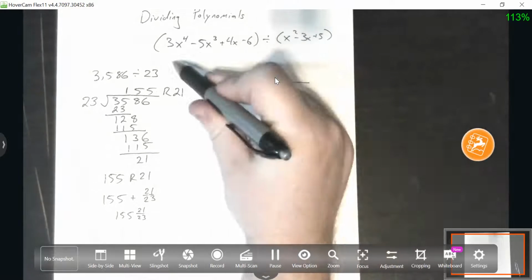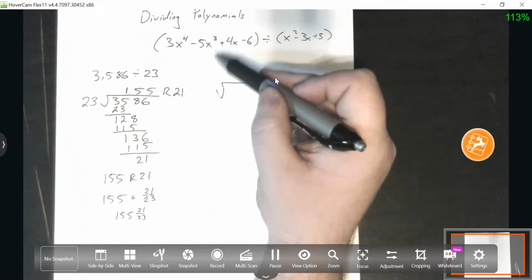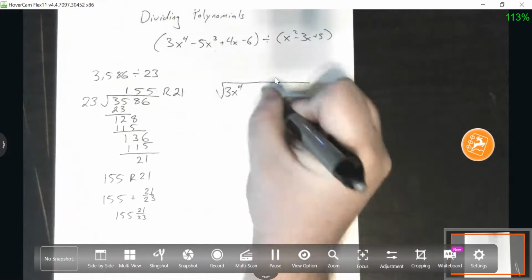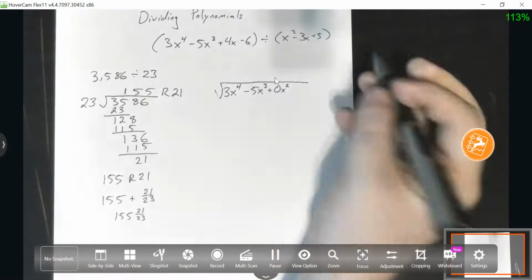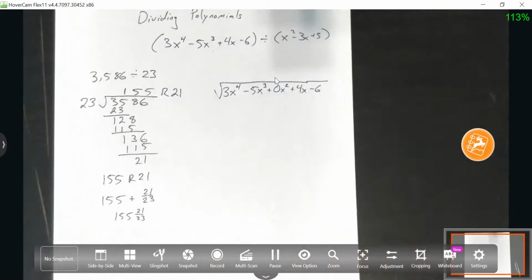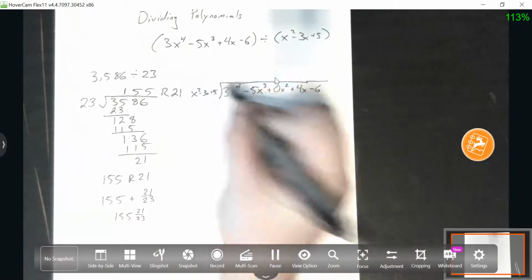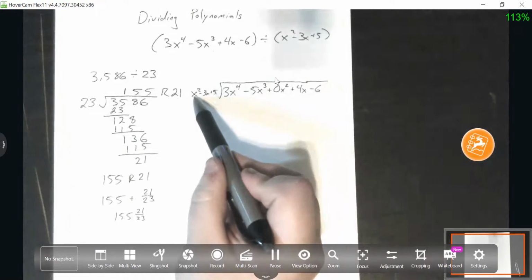Now, it is important that we include placeholders. Notice that we're missing an x squared term, so I'm going to write a 0x squared in here. I've written it out, and we're dividing by x squared minus 3x plus 5. We look at the lead term.